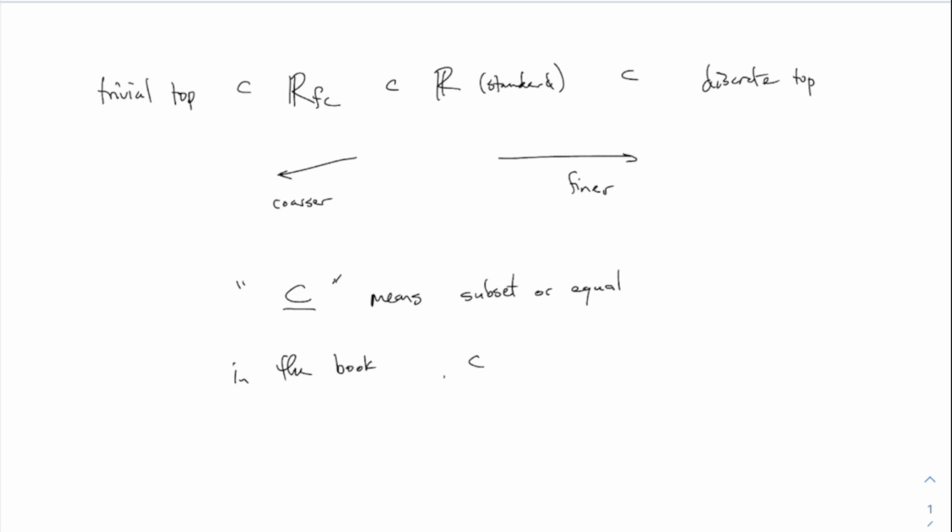So for instance, A subset of B means A is a subset of B or A equals B, but they don't put the little line. Ordinarily when I write this subset sign, I mean a proper subset, that is a subset but not equal. But our book is not that way.